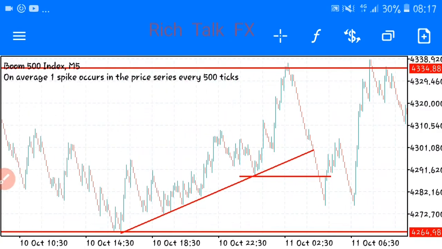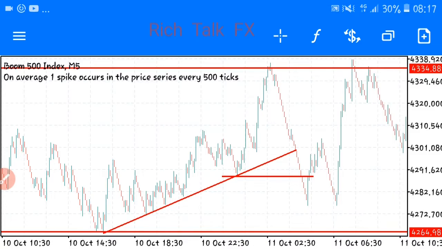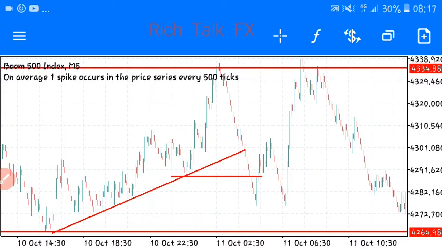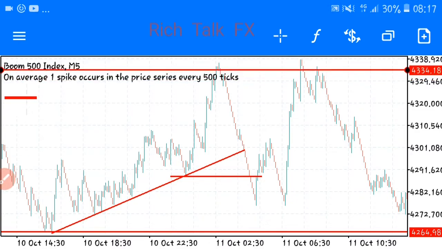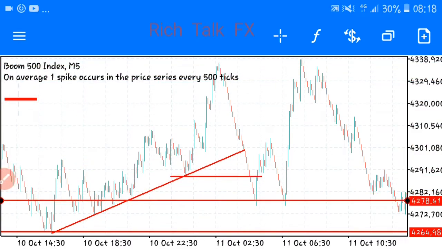So this is another example. You say, all right, the market has been making this channel, trending above this trend line. Then it broke through. Then it came back to this high, to the area of supply that supplied the sell that broke through.